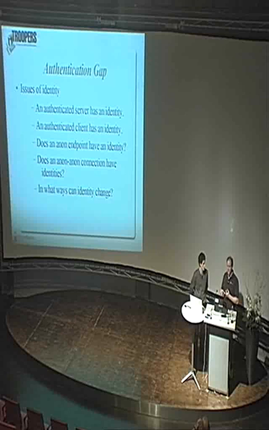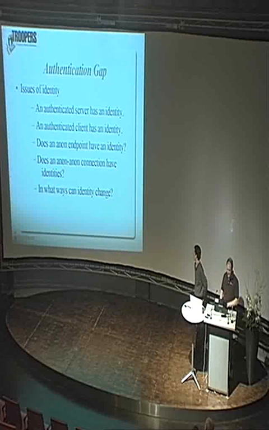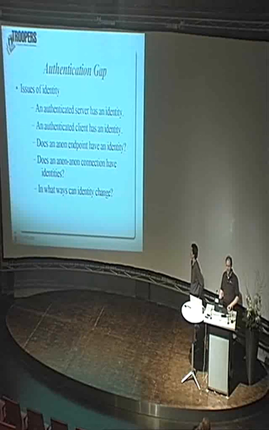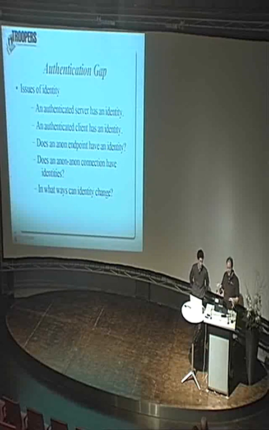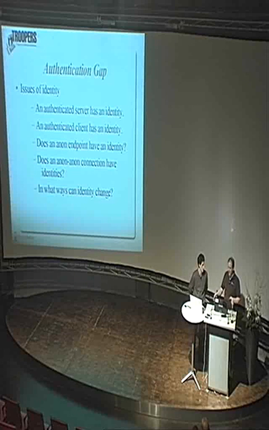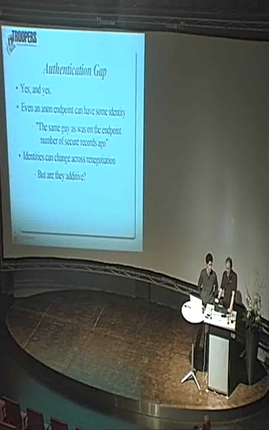But what about an anonymous endpoint, like the client side of a typical HTTPS connection? Like all form-based auth connections, for example. Yeah, the client's anonymous. Does that endpoint have an identity? And SSL/TLS even allows anonymous connections. But do those endpoints have identities? And in what ways can identity change? If you renegotiate a connection, is that a new identity? And how does that change the properties of that?